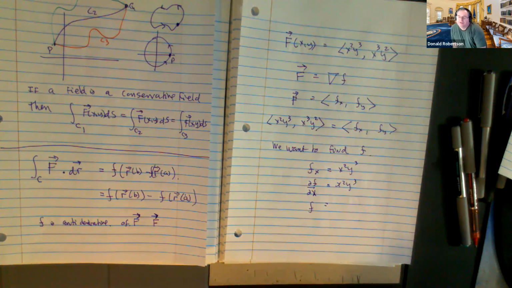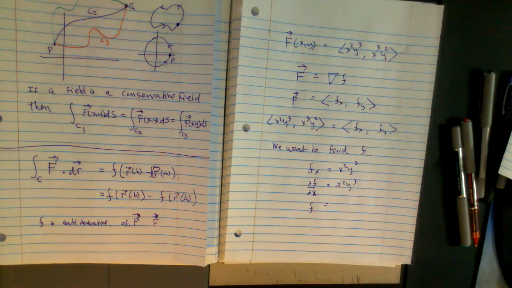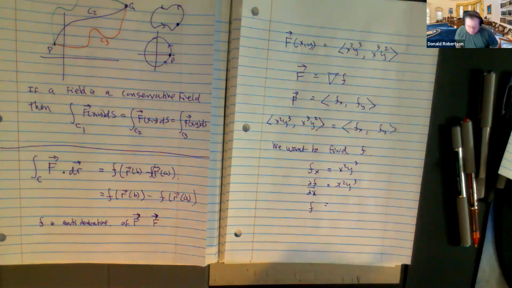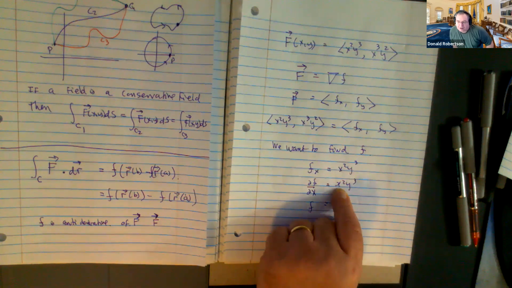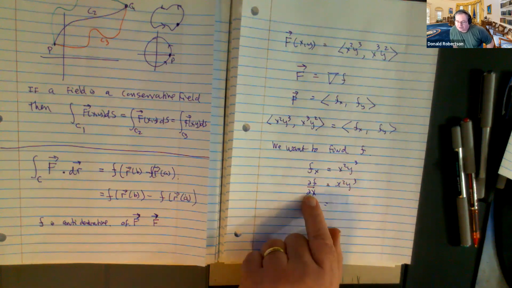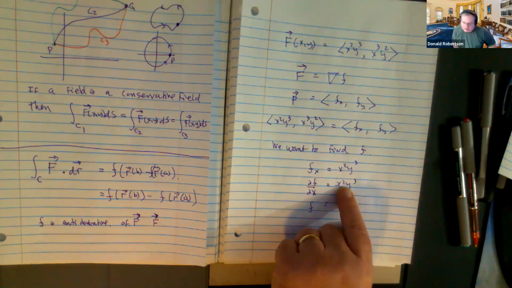How would you undo a derivative? Integration. So we are going to integrate this function, but partial integration. Now, remember in partial differentiation, one of them is a variable and the other's a constant. Partial integration, same thing. Partial integration with respect to x.